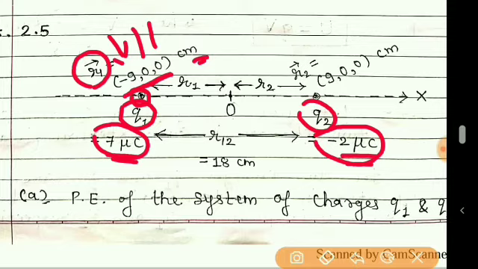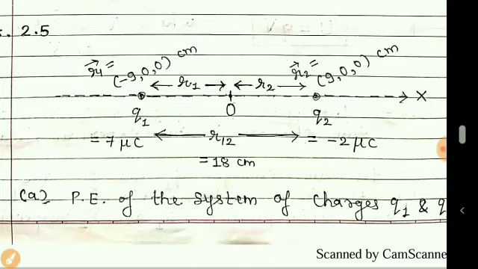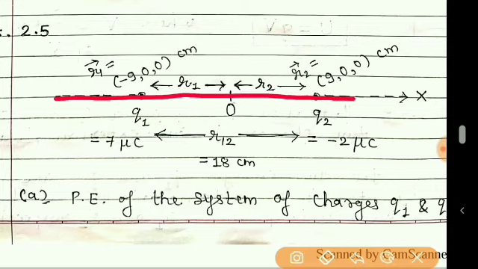Similarly, the position of the second charged particle Q2 is given by position vector R2 and it is 9, 0, 0 centimeter. Here also y and z coordinates are 0, only the x coordinate is there, means even this charge is on the x-axis, and so here we have considered only the x-axis.